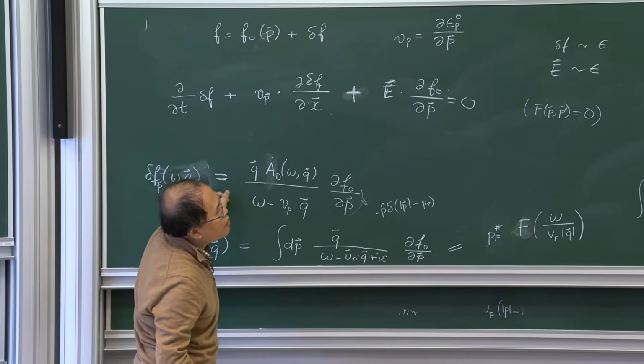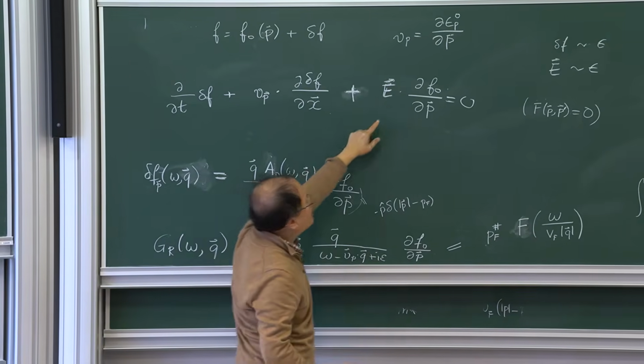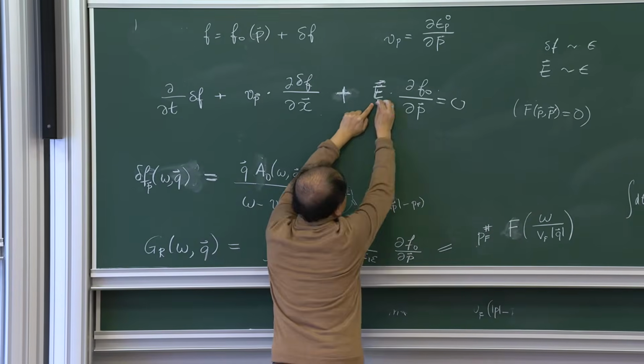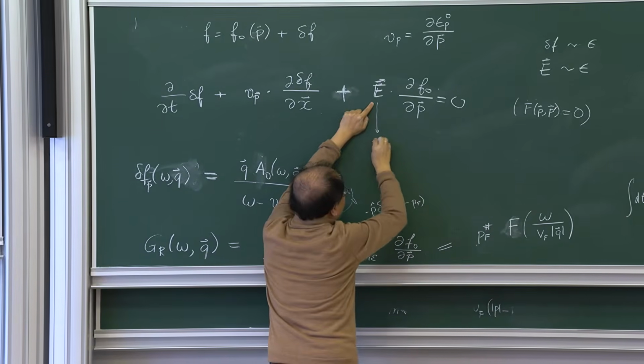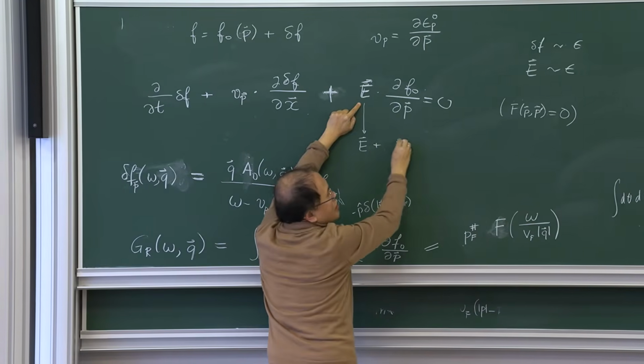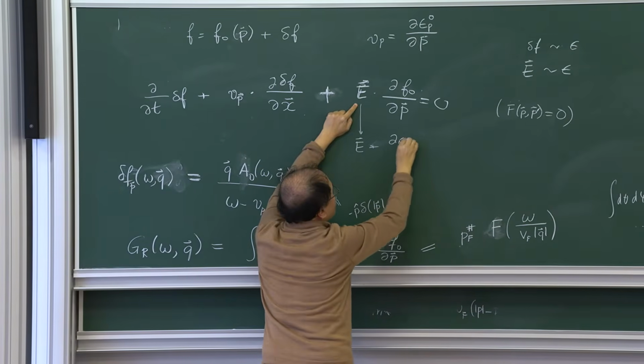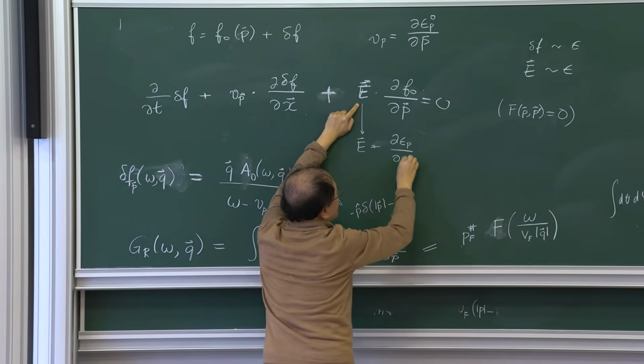It comes from the fact that here we would have to replace E by E plus or minus d epsilon p over dx.